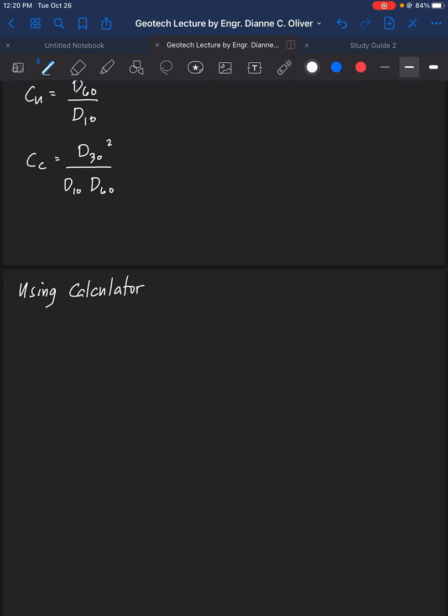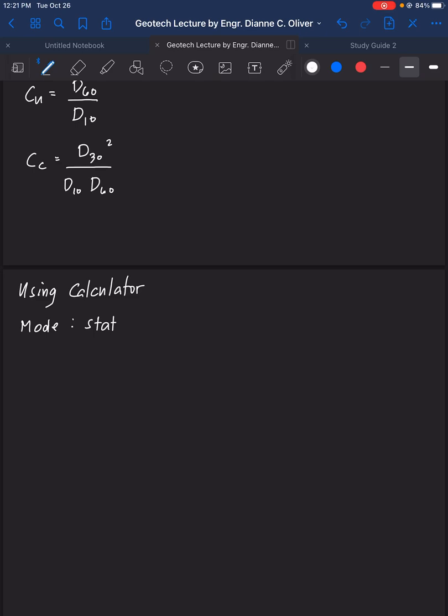If you're using a Casio calculator, just as I am, I'm using FX115ES right now. Actually, in 991ES, you can find these functions too, right? So go to mode. Then choose here stat. Choose stat mode.